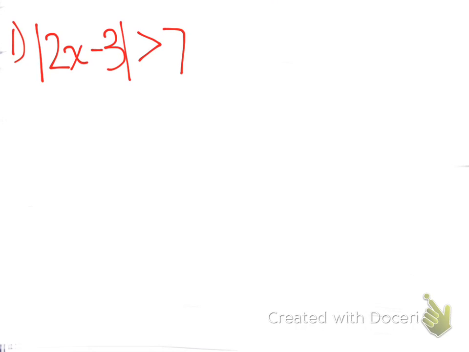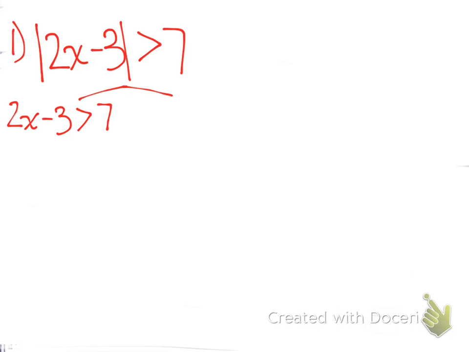All right, here's our first problem. We have an absolute value inequality using a greater than symbol, so we know we're going to change this into a compound inequality using the word or. Just like yesterday, our first step is to make sure the absolute value bars are alone. Are they alone? Yes, they are. So we are ready to split it up. One of our problems will be the exact same problem rewritten without the absolute value bars: 2x minus 3 is greater than 7.